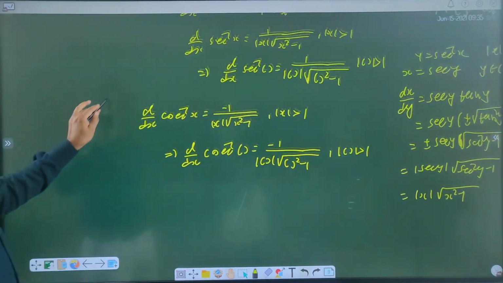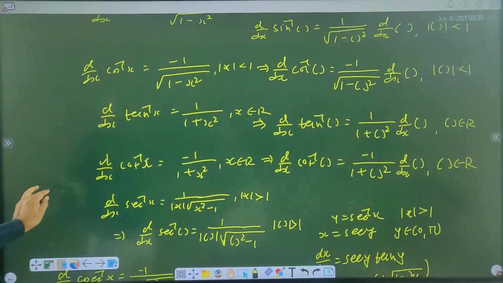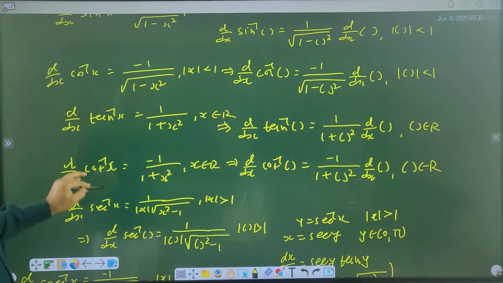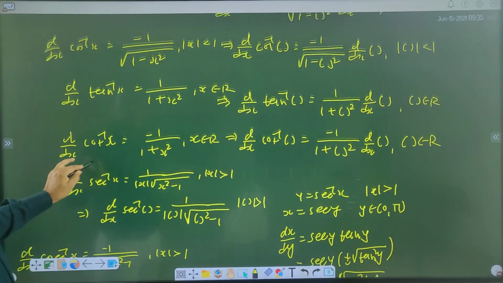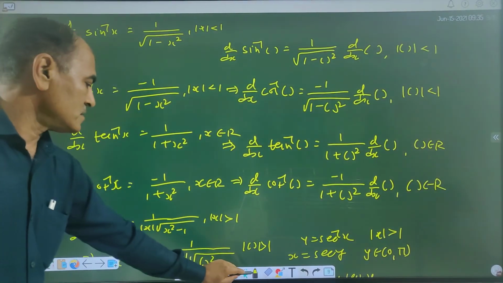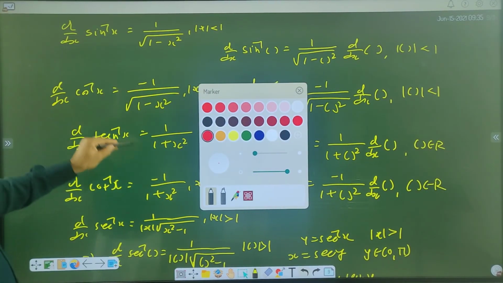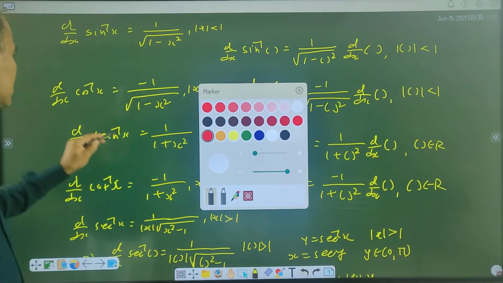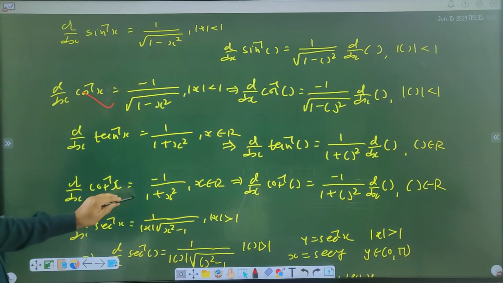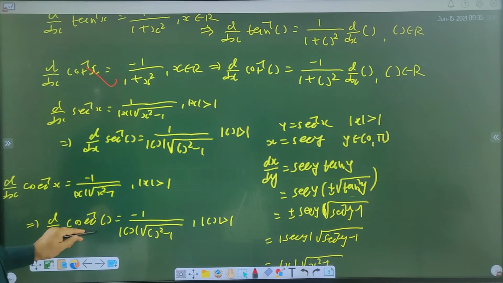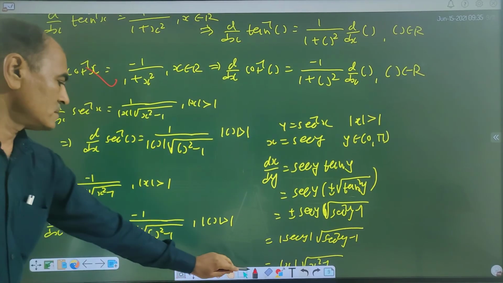See, all inverse forms are there: sine inverse, cos inverse, tan inverse, cot inverse, sec inverse, cosec inverse. Now once again, see, same line here. Starting with C, the derivative is minus; here also the derivative is minus.